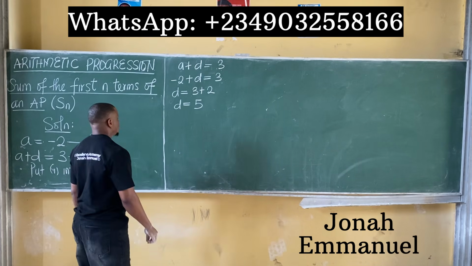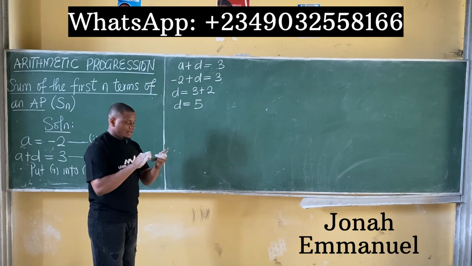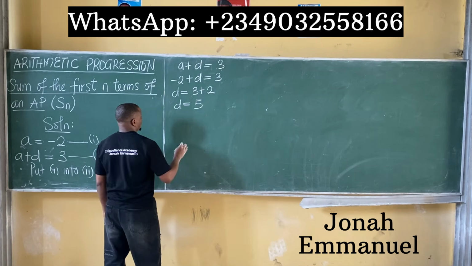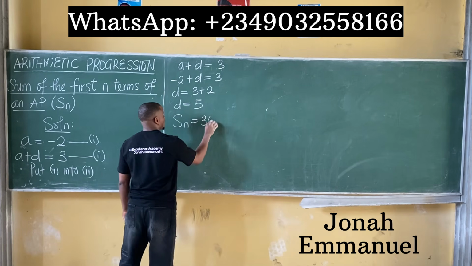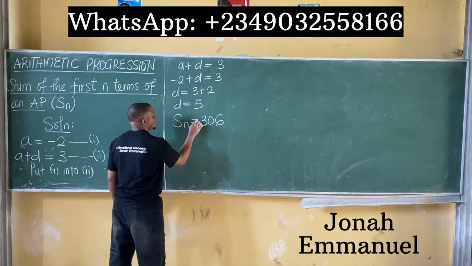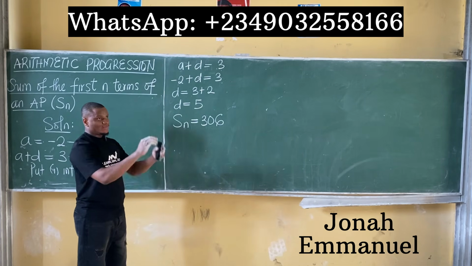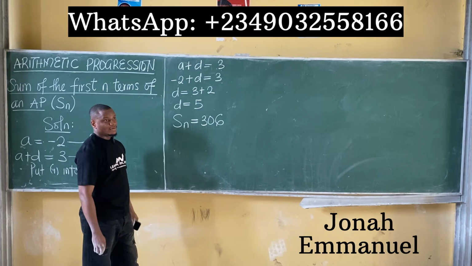They're asking you the sum of how many terms gives you 306. Let me confirm that. That's 306, yes. In this case, Sn is equal to 306. So how many terms will you sum from this AP to get 306? You're expected to find the value of n.